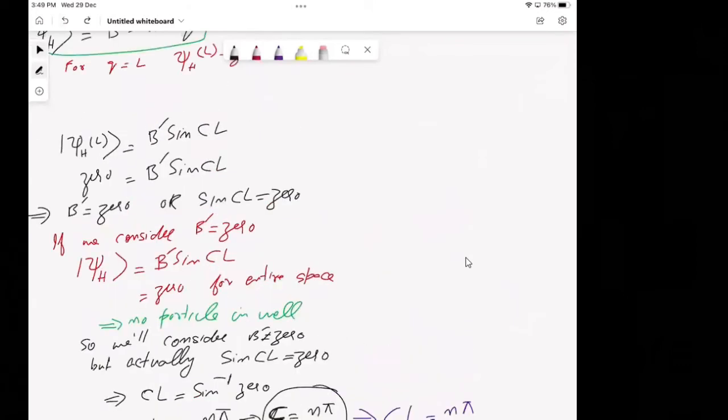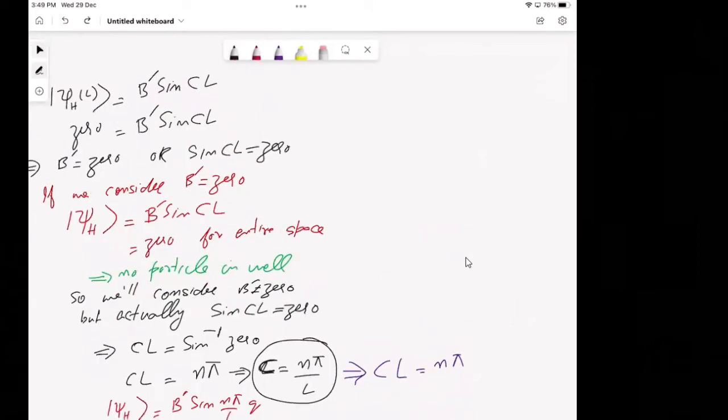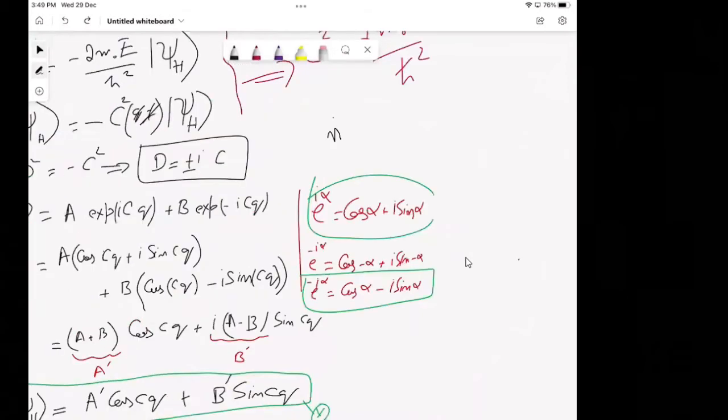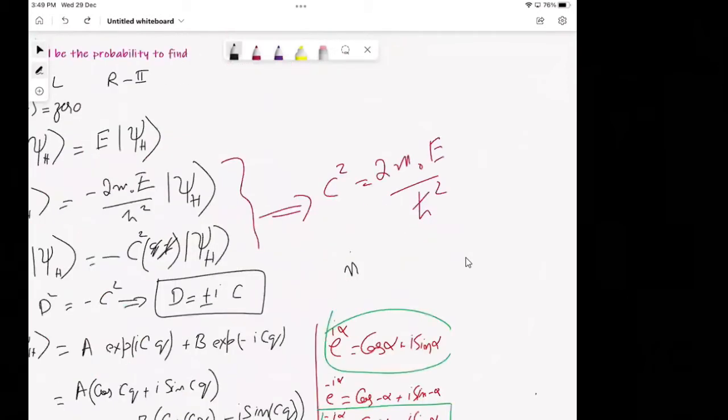C square will be n square pi square over L square. This is the value of C.